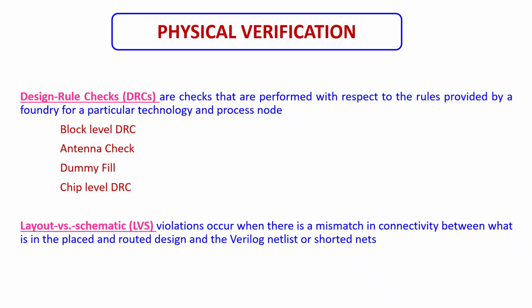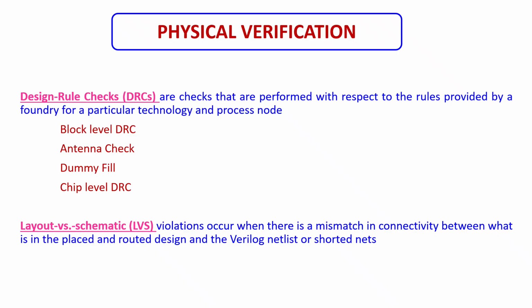After completing all these, and if our errors are zero, we go for LVS, that is layout versus schematic. DRC checks geometry, LVS checks connectivity. LVS compares the original Verilog netlist versus the extracted layout netlist. That is, both must be equal.